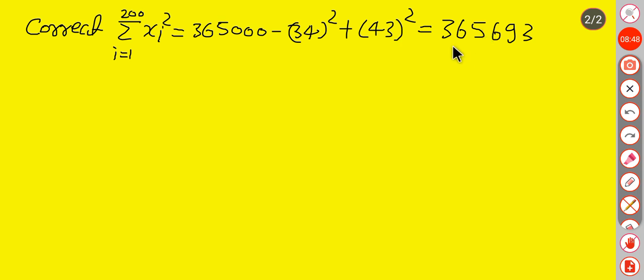Now you have got the sum of xi square. Now we can find the correct standard deviation.